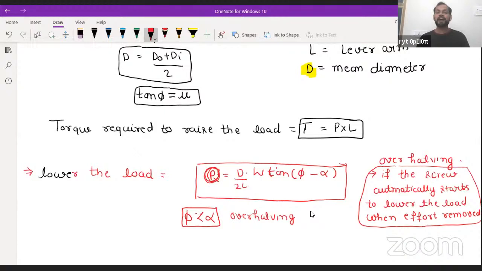But if phi is greater than alpha, then in all cases when you remove the load, it will not start to lower the load. Such a type of screw is known as the self-locking screw.